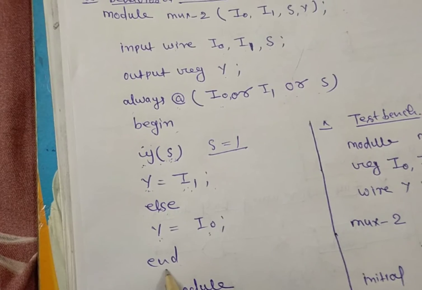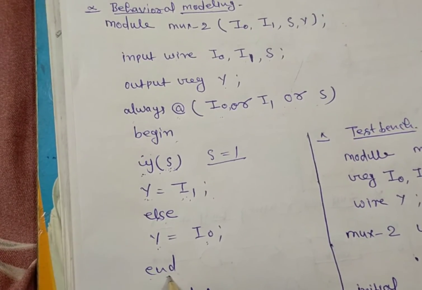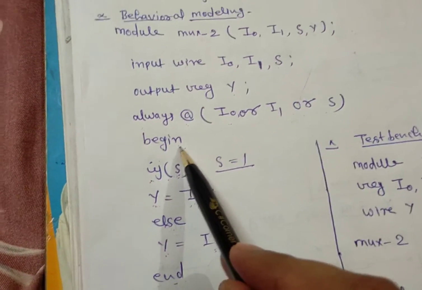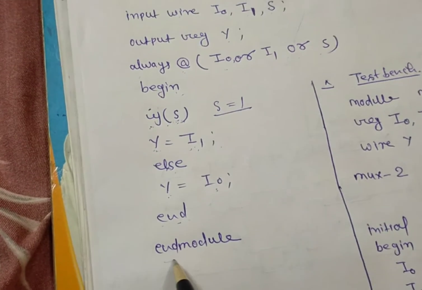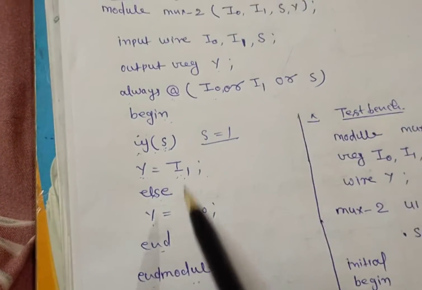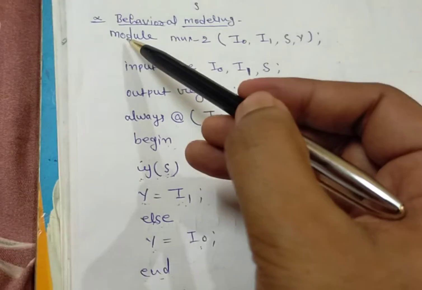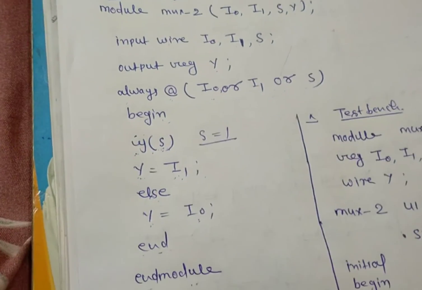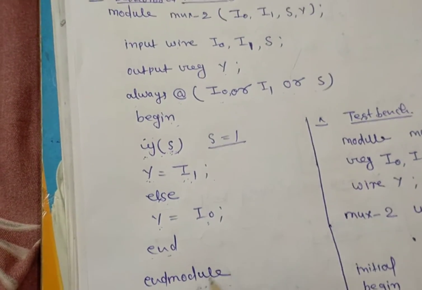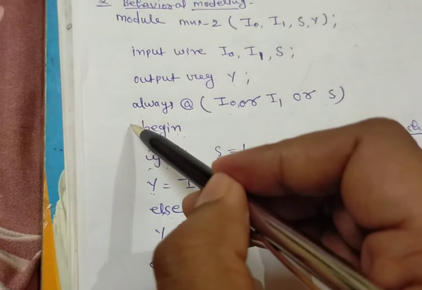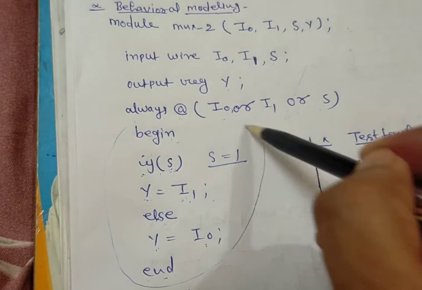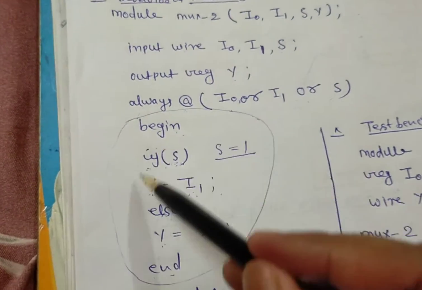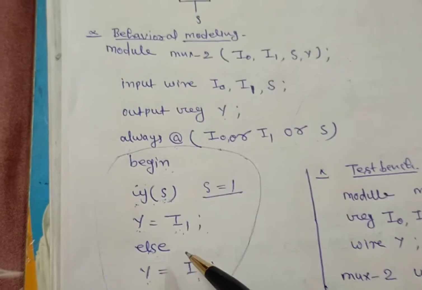Then use the end. This end is basically used for this begin, and after that use the endmodule. This endmodule is used because we started with the module, and this keyword is used to end the module. So this basically represents the behavior of your code.